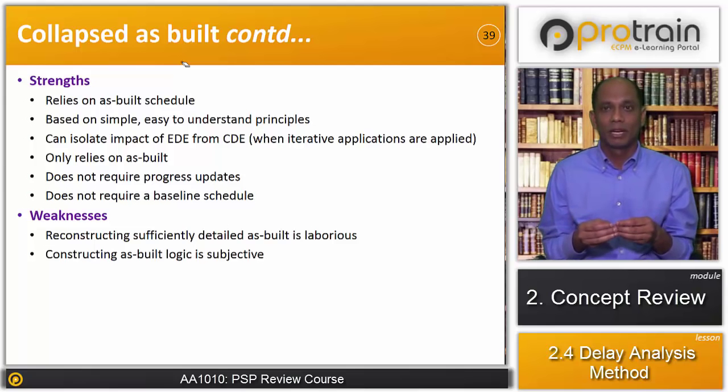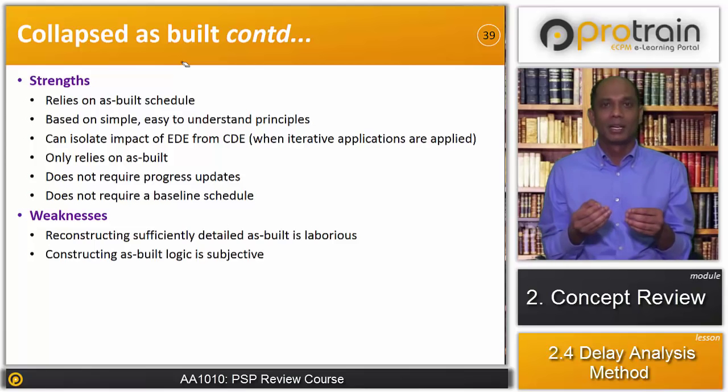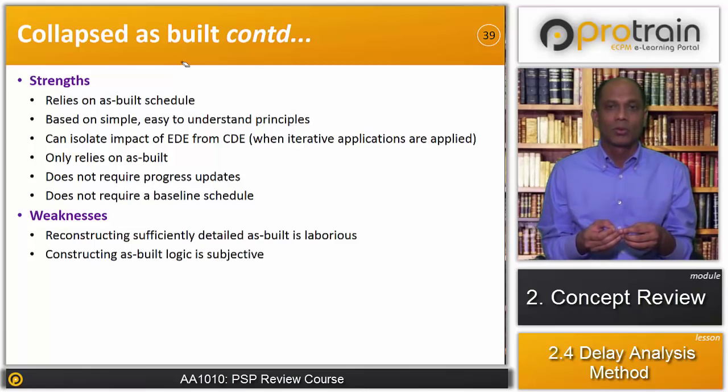The collapse as-built method is based on the as-built schedule, and in order to have this analysis done accurately, we need an as-built schedule that is correct and reflects the actual sequence of the work carried out at the site. If that as-built schedule is not proper, the result from the collapse as-built method may be erroneous. So the weakness is that constructing a sufficiently detailed as-built schedule is a laborious exercise and may not always be correct.